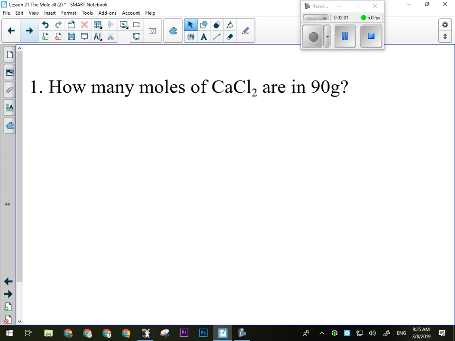So this is an example of the simplest mole equation calculation we can have. We'll do this one and then we'll call it a day. I want you to write this one down, because I don't think it's in your notes. We want to calculate how many moles of calcium chloride are in 90 grams.